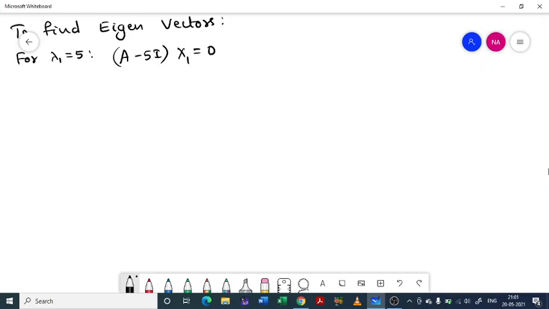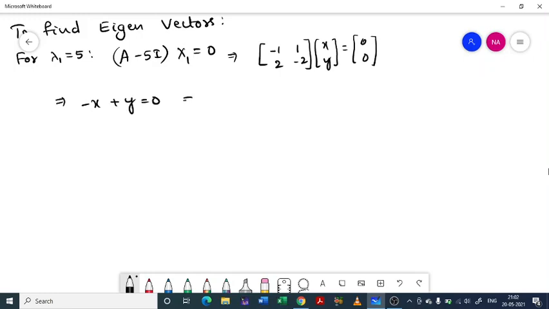So 4 minus 5, it will be minus 1, 1, 2, minus 2, times X Y equal to 0 0. So you get minus x plus y equal to 0, which implies x equal to y. Choose x equal to 1, then capital X1 will be 1 1 transpose.